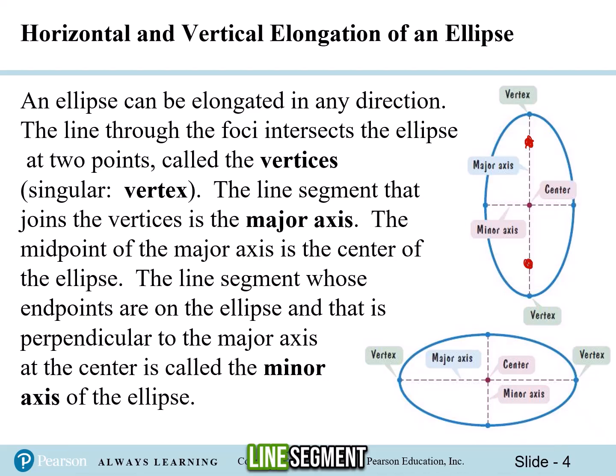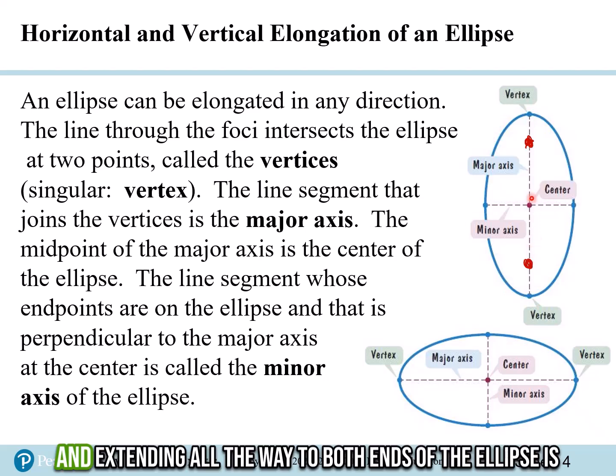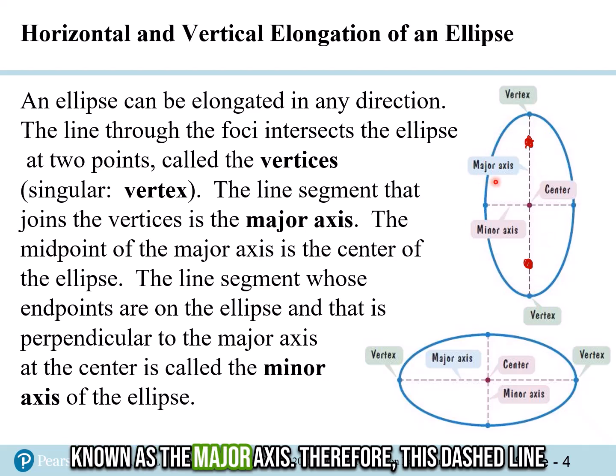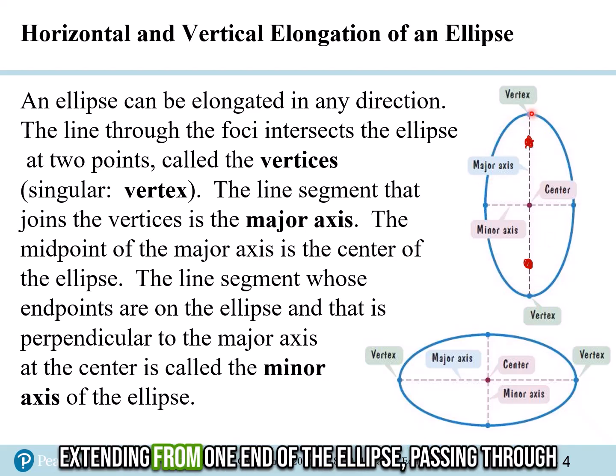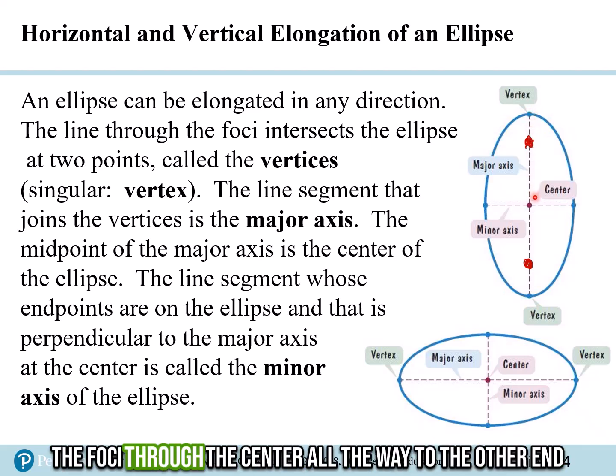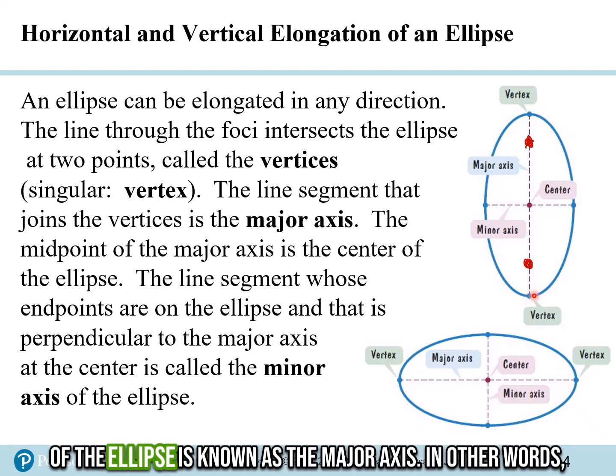Now, the line segment passing through the foci and extending all the way to both ends of the ellipse is known as the major axis. Therefore, this dashed line extending from one end of the ellipse, passing through the foci, through the center, all the way to the other end of the ellipse is known as the major axis.